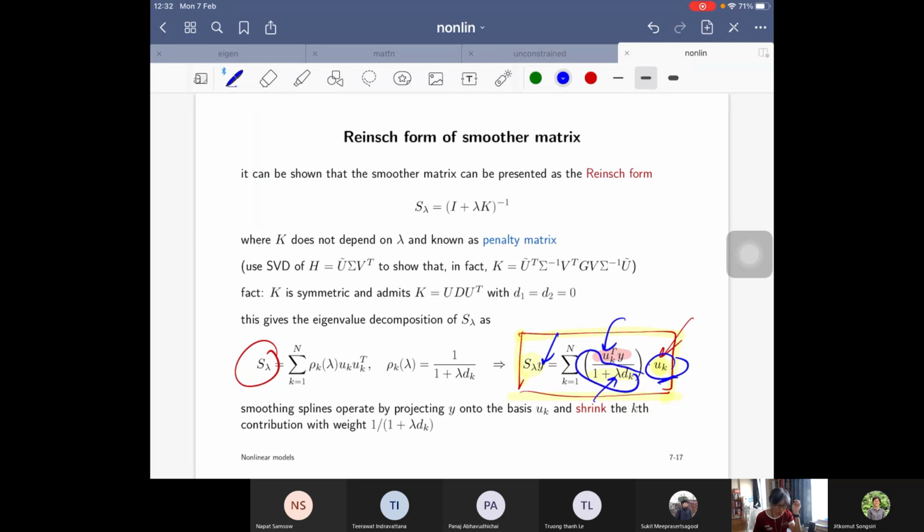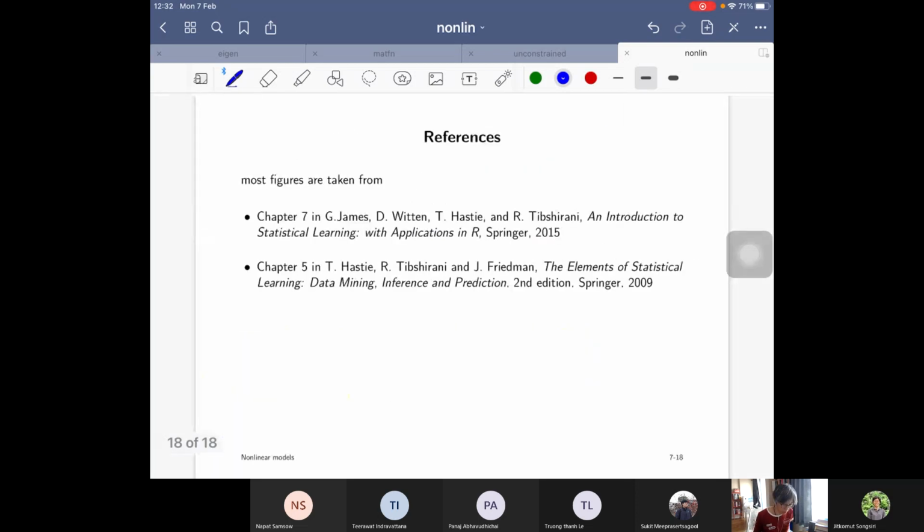There is a rho of lambda in the denominator, which means when lambda is big, it shrinks down the magnitude of the resulting vector. There is more on this in the ESL textbook.